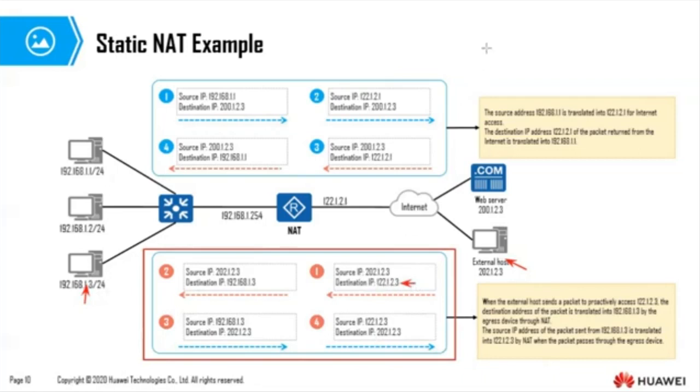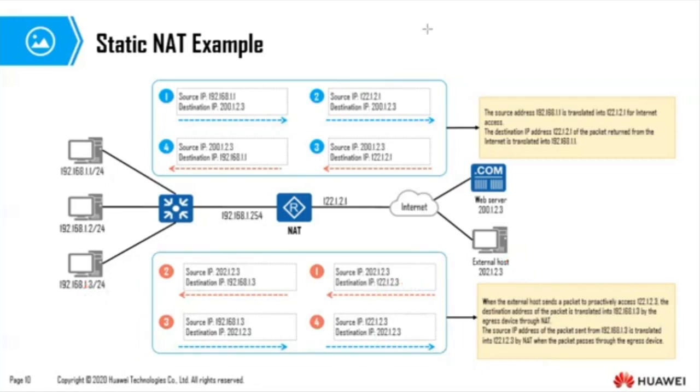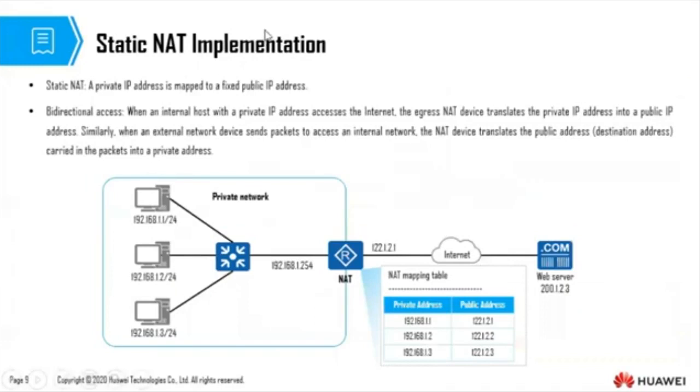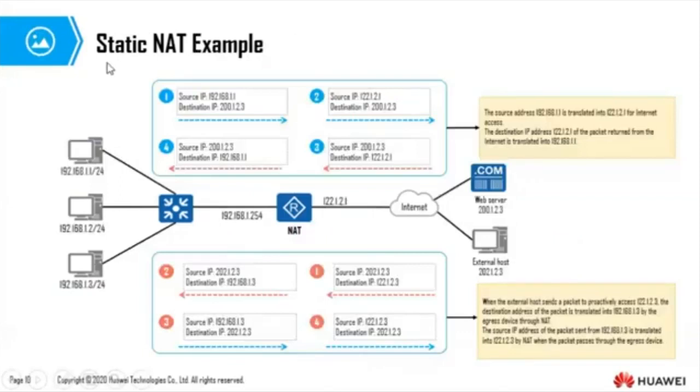Where are we getting this? In the previous slide, we mapped 192.168.1.3 here. Here we mapped this. So this one already is in our table. That if anyone comes in with this, we translate it to this. Are you getting the point? Yeah, so the assumption is that that table is already there. So that is how an external host will be able to access the internal host.